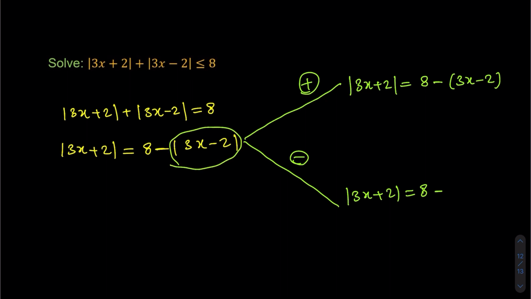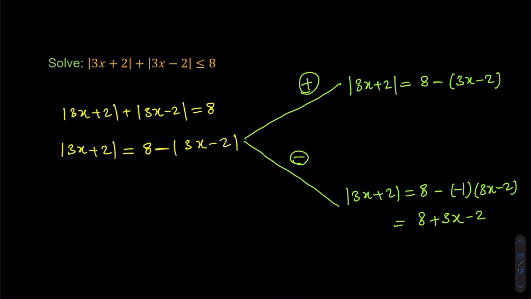This part must be multiplied by a negative when it comes out of the absolute value sign. Negative multiplied by 3x minus 2, which will be equal to, if we simplify it, 8 plus 3x minus 2, okay? So this will be the possible outcome when we consider it as negative.